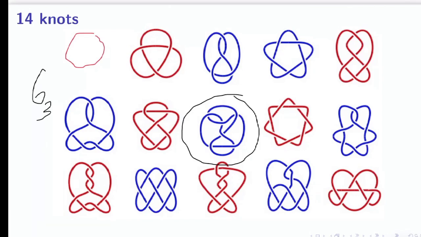This one here would be 6-1, this is 6-2, and 6-3 is the one I'm interested in. So I want to tell you about this knot 6-3. Like the one above it, it is actually equivalent to its mirror image, like the figure 8 knot. It can be deformed into its mirror image. Another way of saying that is if you reverse all the crossings in the diagram, you can pass from one knot to the other in space.